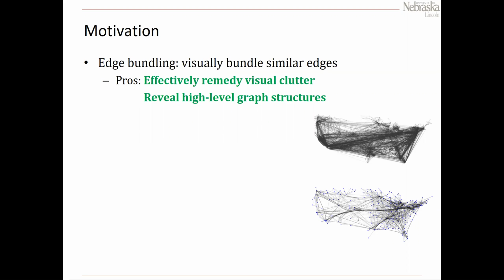For example, this diagram shows the edge bundling result for the same graph. Then we can clearly see where the hubs are, for example Denver, San Francisco, or LA. You can clearly see these hub points in this network. And meanwhile, you can also clearly see the graph structure in the edge bundling result.